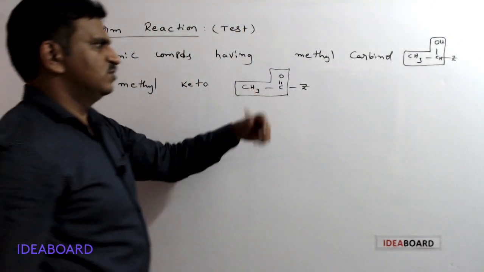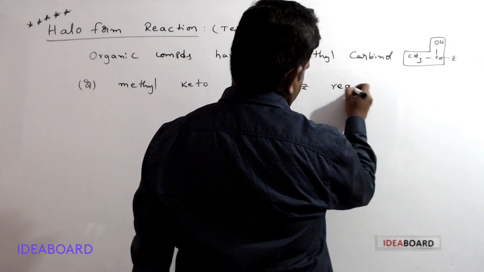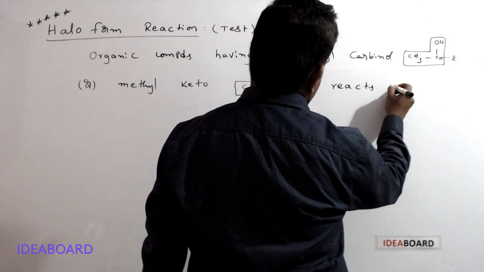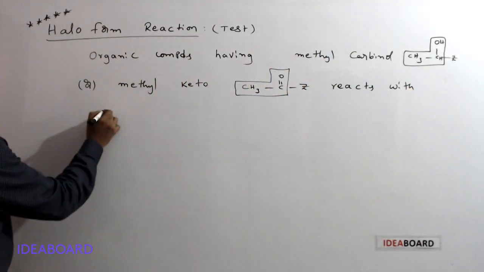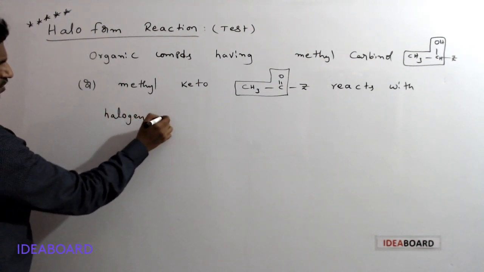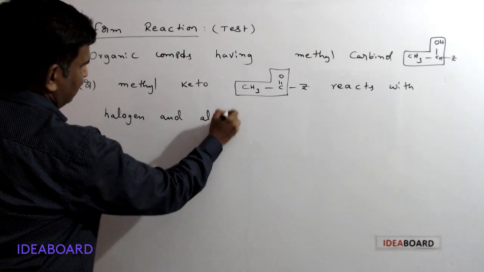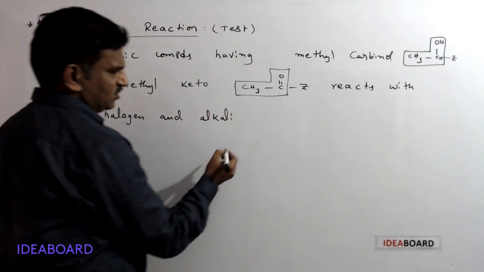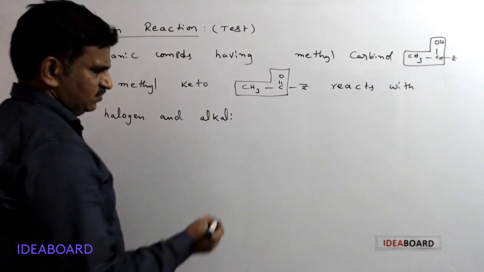this CH3CO group reacts with halogen and alkali. Alkali means a strong base. Please remember, alkali means strong base.